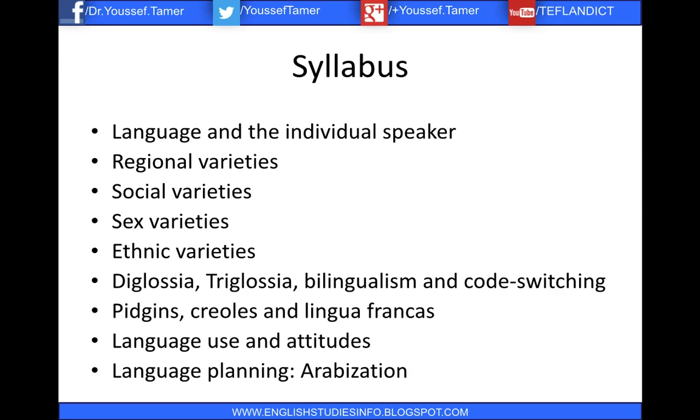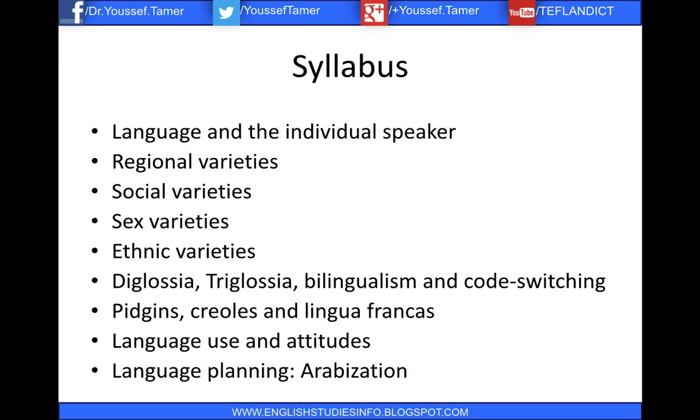So they advocated this language planning policy called Arabization, in the sense that they tried to Arabize all scientific subjects. Mathematics started to be taught in Arabic, and you are all of that generation, like me. Science, biology, history, geography, everything started to be taught in Arabic. This is part of the Arabization process.